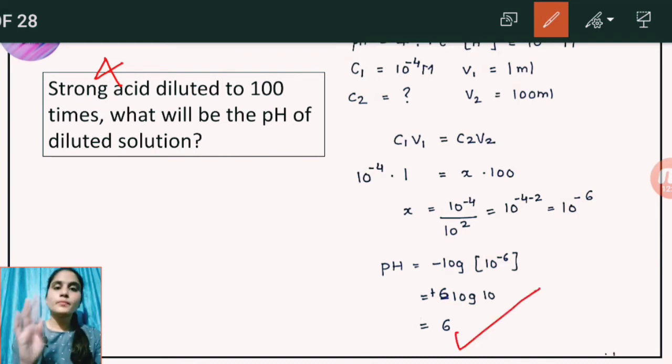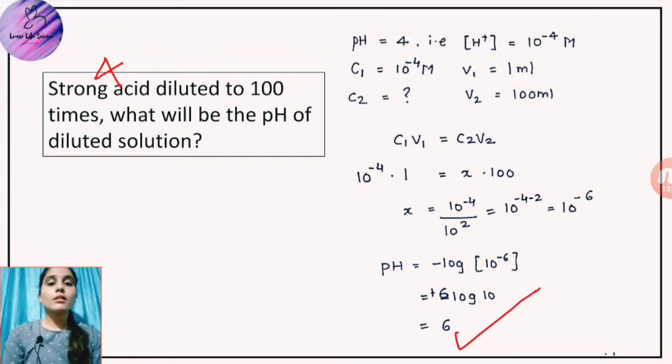The pH initially was 4, and after 100 times dilution, the pH will increase by 2 units, that is 6. But for you, I have also added here a numerical, so that you can numerically solve it and confirm your answer.